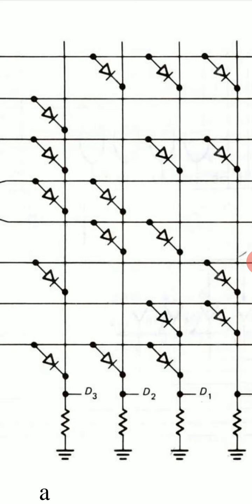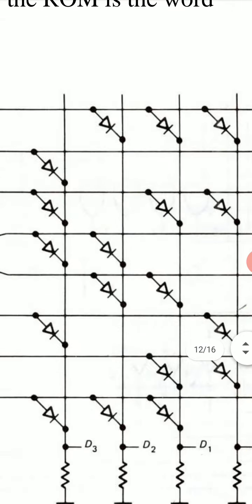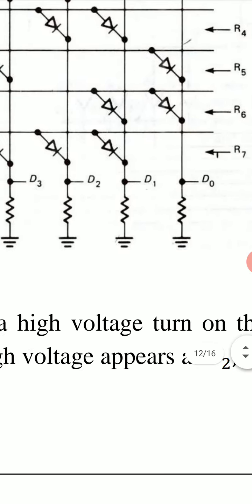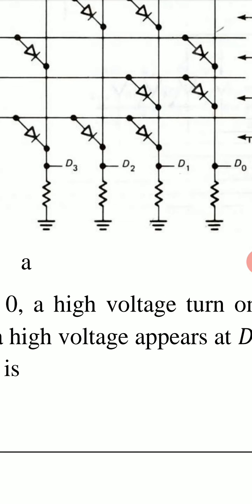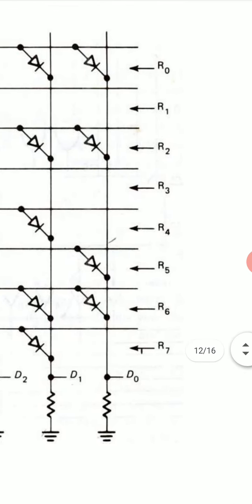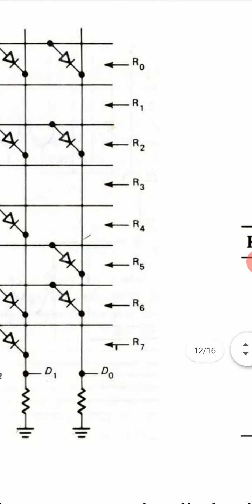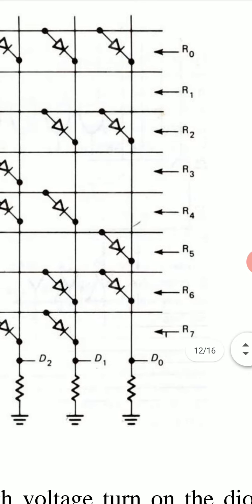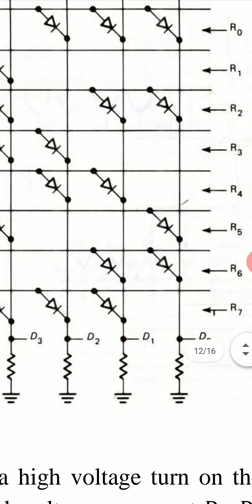So D3 will be 1 and D2, D1, D0 are 0 and the stored word will be 1000 and so on. So we see that each memory location or each register R0, R1, R2 will store a certain binary word of 4 bits.